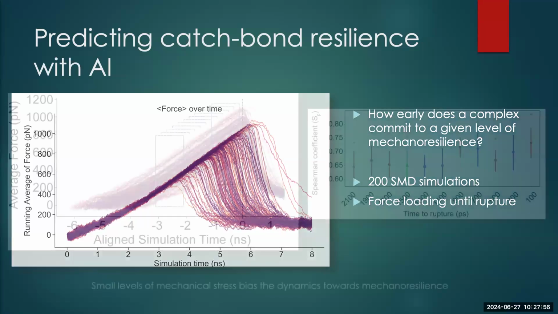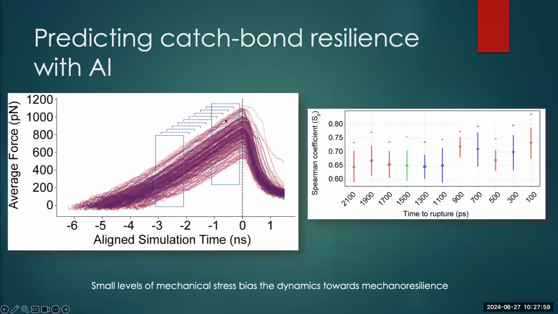And one thing we can do is we can align all of those traces that I was showing you before. We can basically align all of them to the rupture point, to their maximum forces. And then we can look at what was happening with the system at different windows, right? These blue rectangles here are simulation windows.